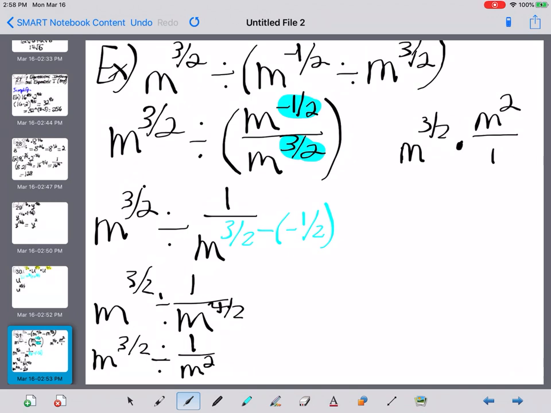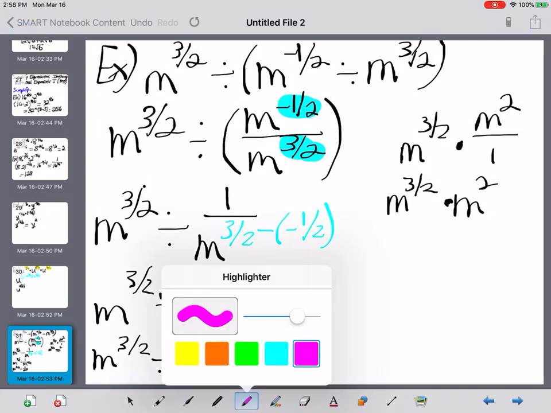Basically, I'm just multiplying by m to the 2nd. I don't really even need that 1, but I'm not leaving anything out. So m to the 3/2 times m to the 2nd. I'm multiplying the same base, so I'm going to add my exponents.